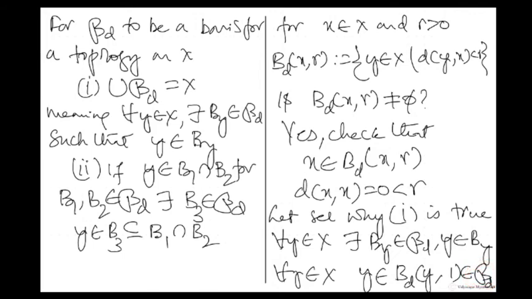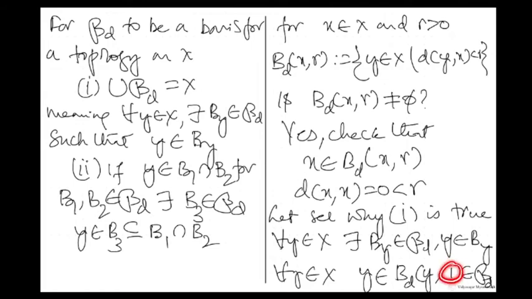So what is our B_y? B_y could be this open ball of radius 1 centered at y. In fact, this is not the only choice for B_y. You could have changed your radius; you have infinitely many choices for the radius.